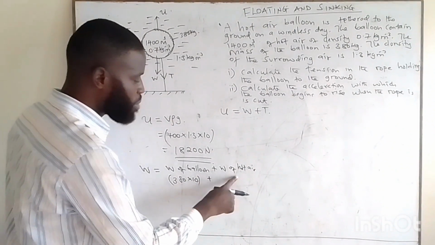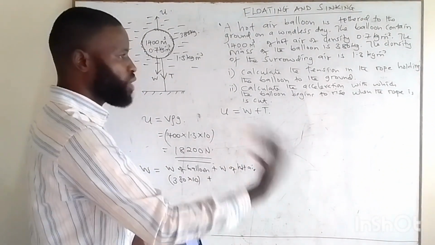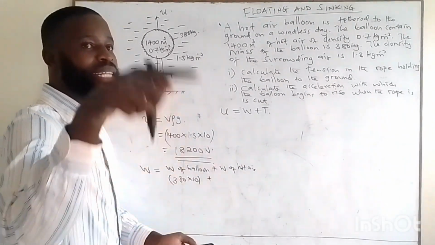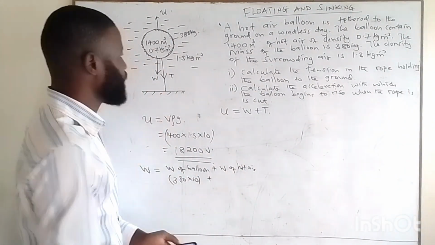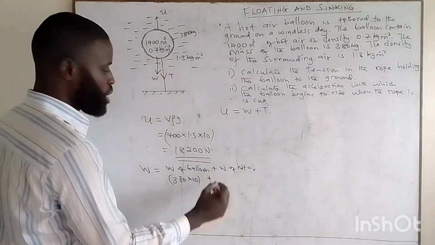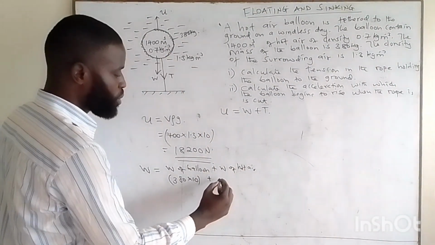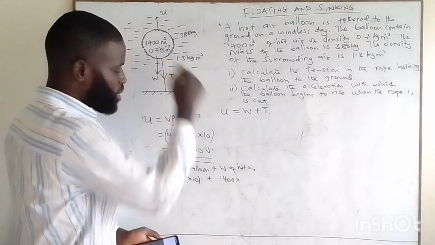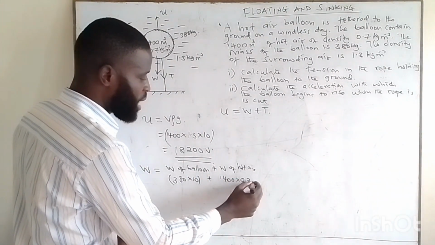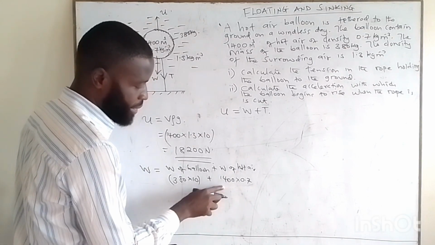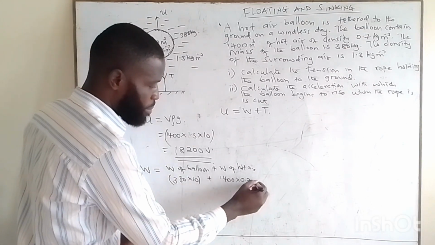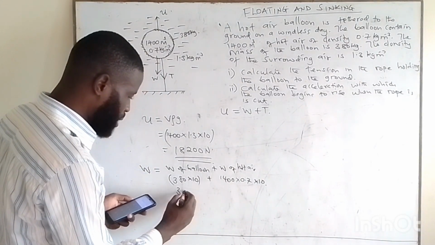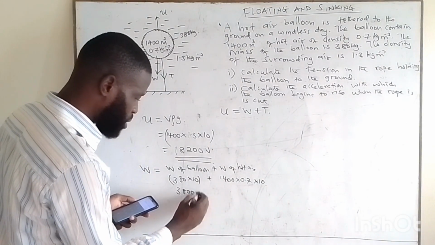Plus the weight of the hot air: you first get the mass, and you know that mass is simply volume times density. The volume of air inside the balloon is 1400. I multiply by the density of the hot air, which is 0.7. This will give me the mass. Once again, the balloon's weight becomes 3800 newtons.